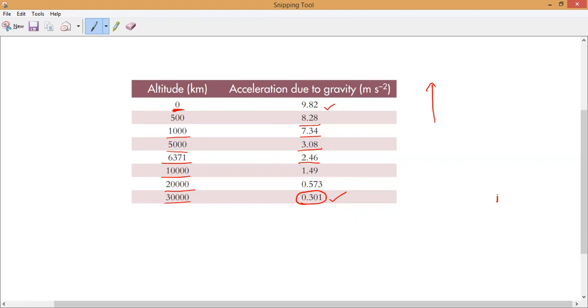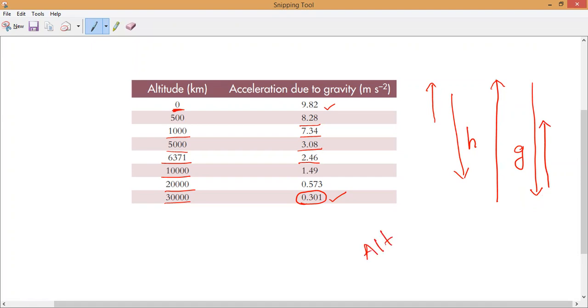If you keep on going away from the Earth, what is happening? Is the G value increasing or decreasing? The G value is decreasing. Height is increasing, so G value is decreasing. If height is decreasing, the G value increases. That is what you have to remember. So from this I can say altitude is always inversely proportional to acceleration due to gravity.